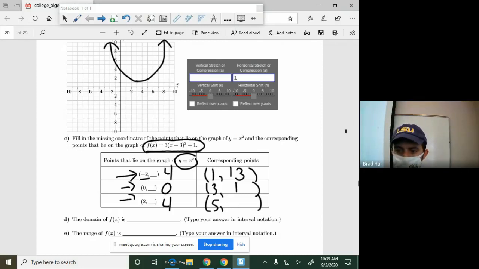This one's easy, it's 1 because 3 minus 3 is 0, and you add 1. 5 minus 3 is 2, squared is 4. 4 times 3 is 12, plus 1 is 13.